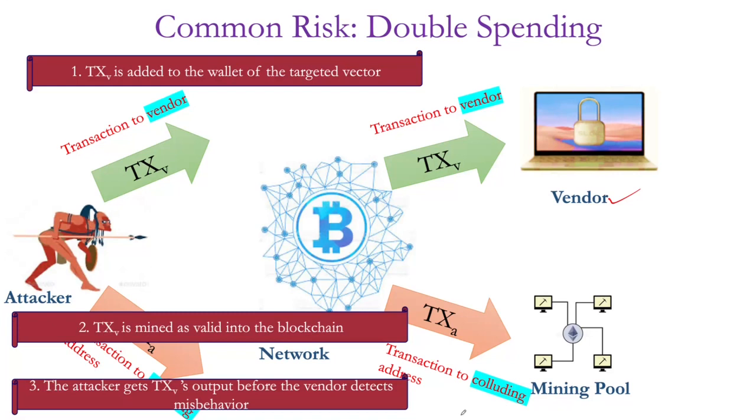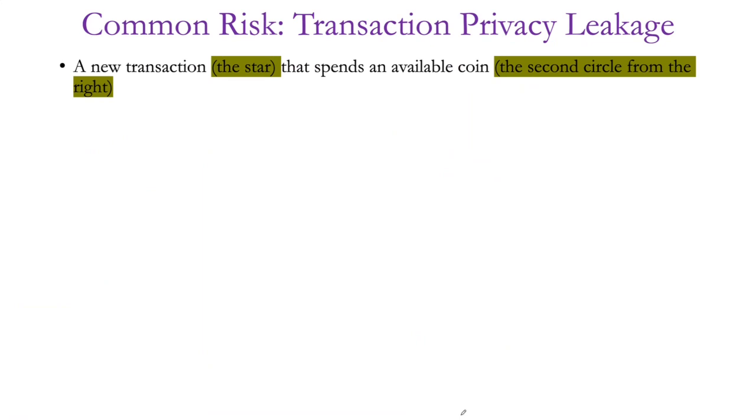Another risk we have seen is transaction privacy leakage. Since user behavior in the blockchain is traceable, the blockchain system takes measures to protect the transaction privacy of users. In Bitcoin and Zcash, they use a one-time account to store the received cryptocurrency.